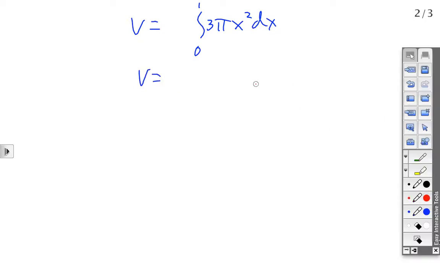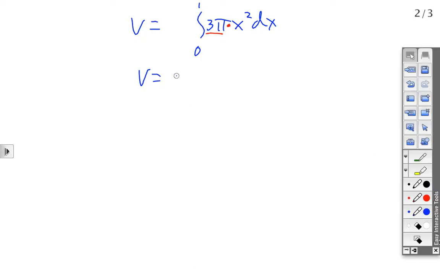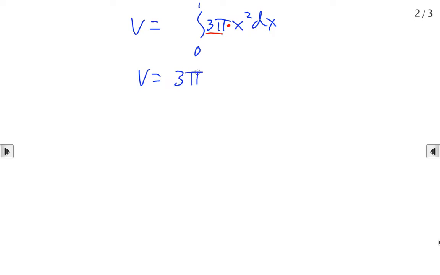We have a constant, 3 pi, that's being multiplied by the function x squared. That gives us the ability to factor out 3 pi as a constant multiple and just focus on the antiderivative of x squared. This isn't mathematically required, but it's a simplification process that makes life easier on yourself, and I strongly encourage it.